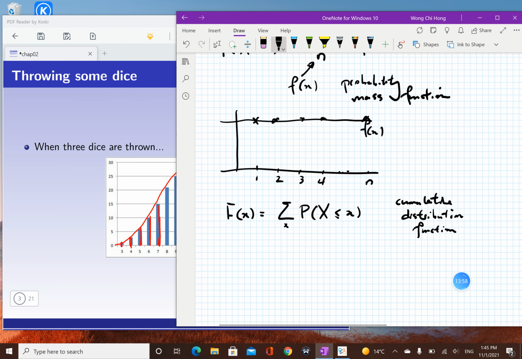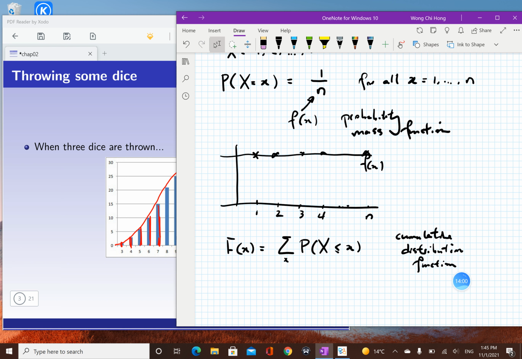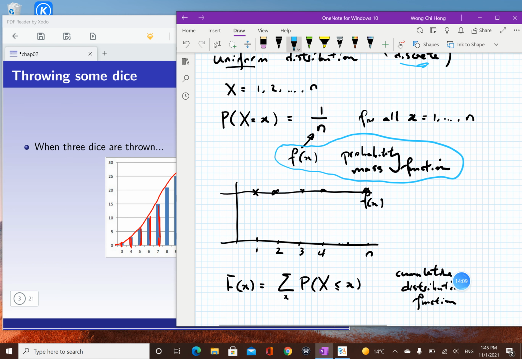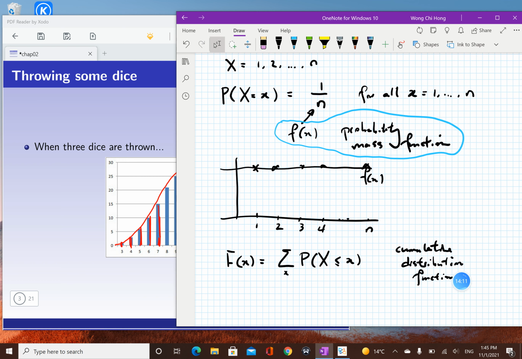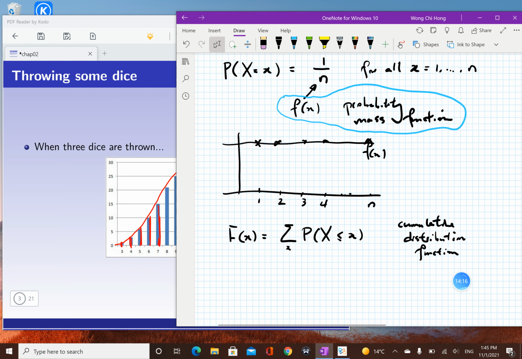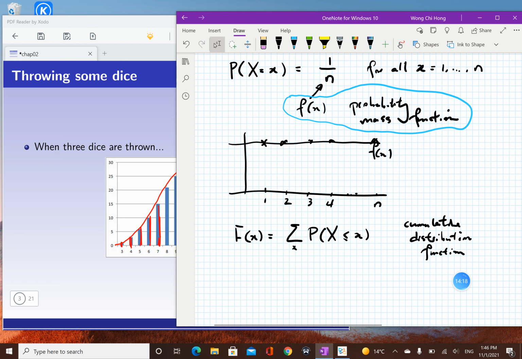Okay, so the probability mass function for a discrete random variable is the function that gives you the exact probabilities where X equals little x.